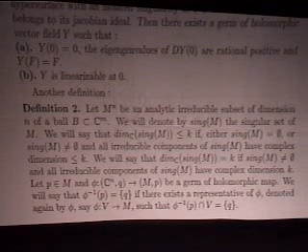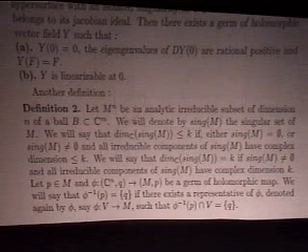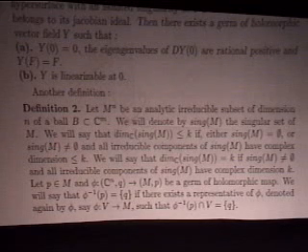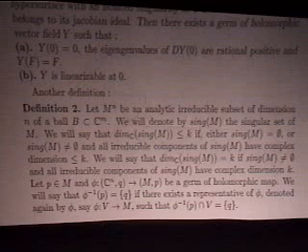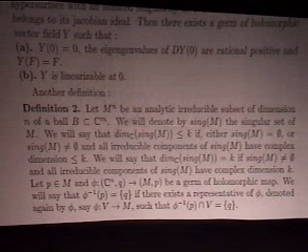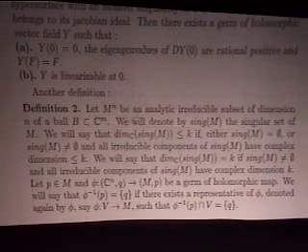I'll say that the dimension is less than or equal to k if either the singular set is empty or all irreducible components of the singular set have dimension less than or equal to k. And the dimension will be k if the singular set is not empty and all irreducible components have dimension k.